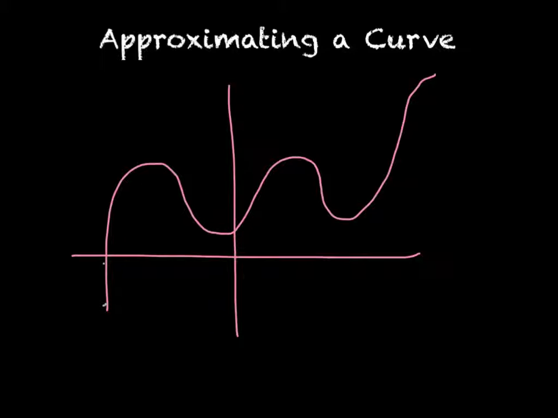So if we just take points at every so interval along our curve, we can draw lines connecting these points. Then you see that we have a picture that looks pretty similar to what our curve actually looks like. The more lines you draw, the closer it will approximate the curve. And if you draw infinitely many lines, then it will be exactly the curve itself.